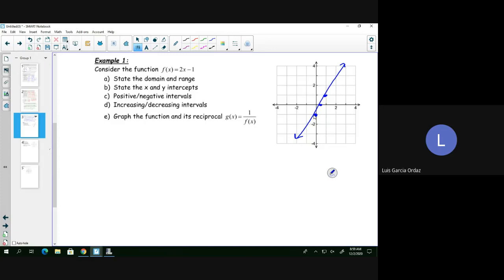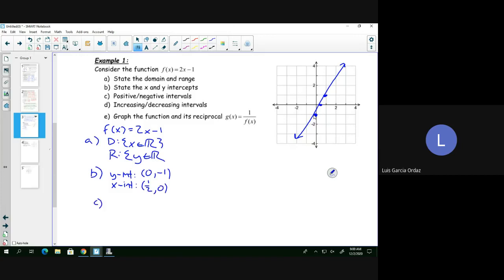So we're going to focus on f of x is equal to 2x minus 1. What is our domain and range for this function? All real numbers. Okay, that's our domain. So we said our y-intercept is 0 and negative 1, and our x-intercept we said was 1/2 and 0.